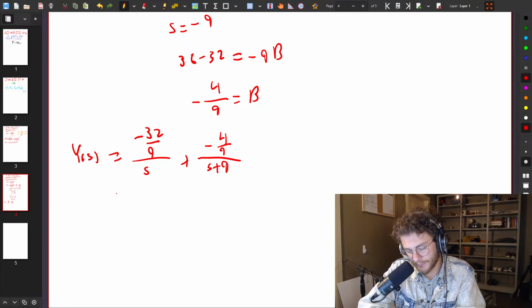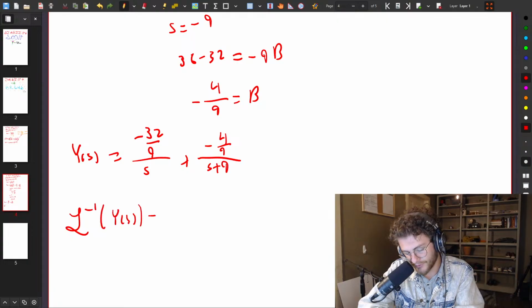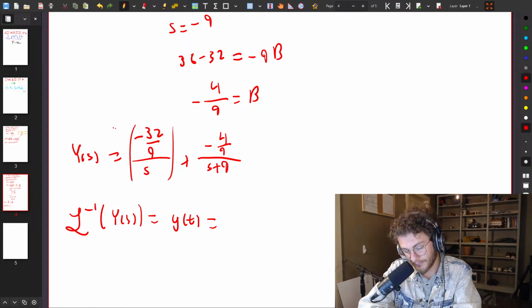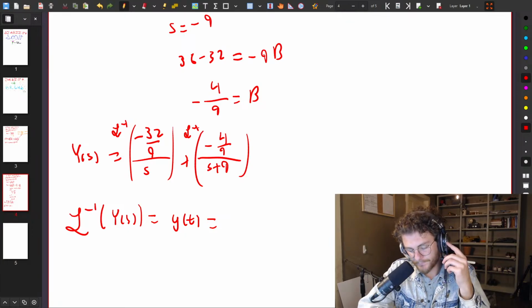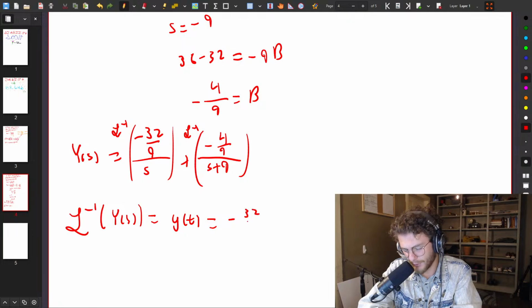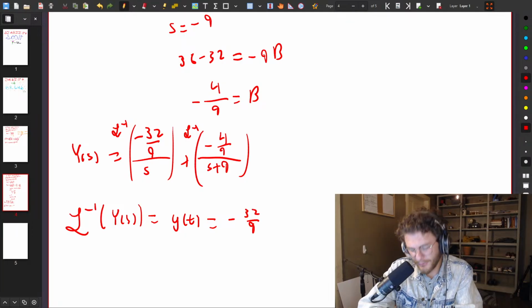Now all we have to do is say that the inverse Laplace transform of y of s, which equals y of t, is the inverse Laplace transform of these two things. Negative 32 over 9 over s is just negative 32 over 9, simply put.